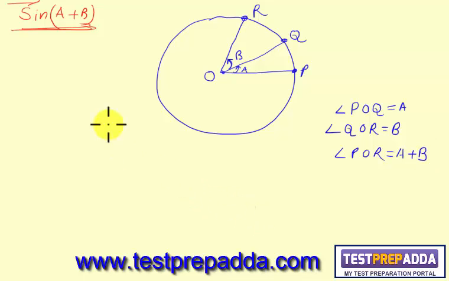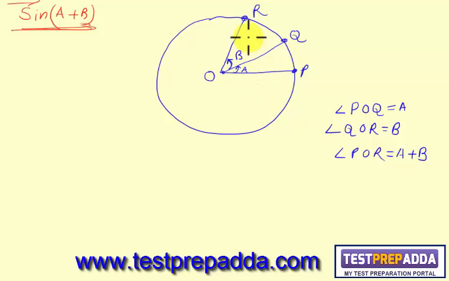Now to find sine A plus B, what I do here, I will drop a perpendicular from this R on two lines OP and OQ. Let me select another pen to understand this in a better manner.